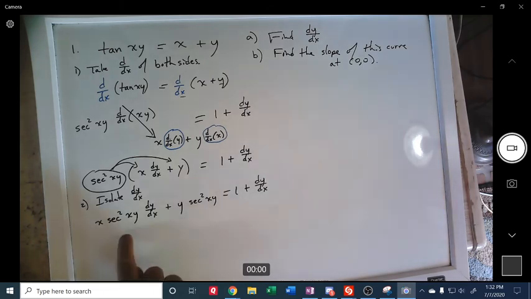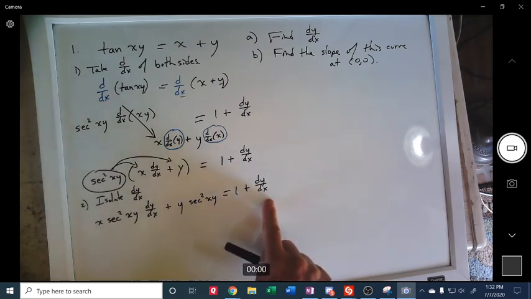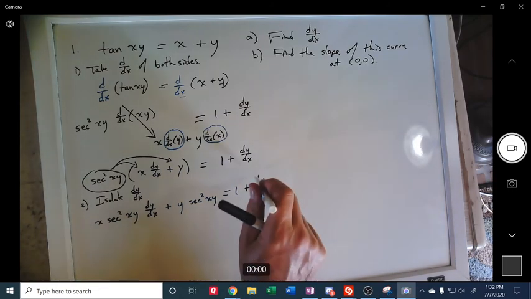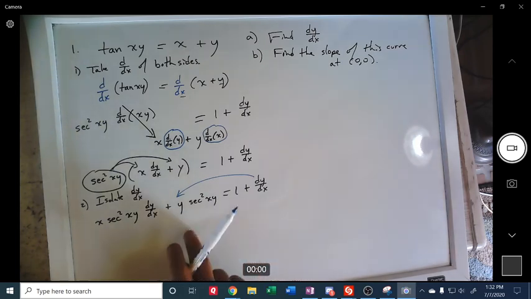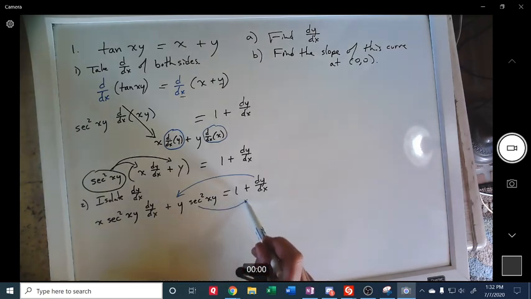Now I have 4 terms. I want all the terms that contain dy/dx moved to the left, and all the terms that don't contain dy/dx moved to the right.